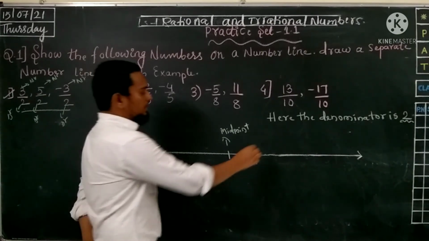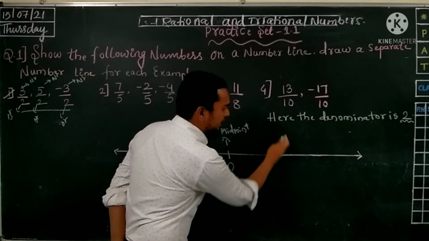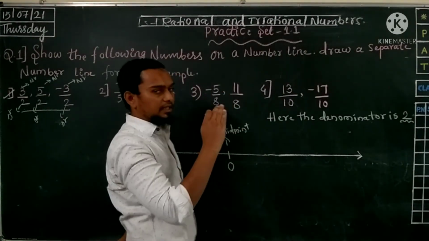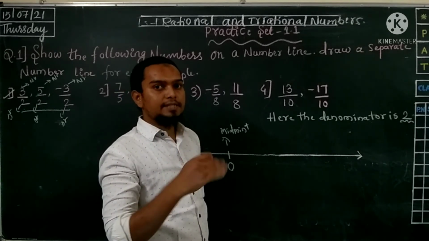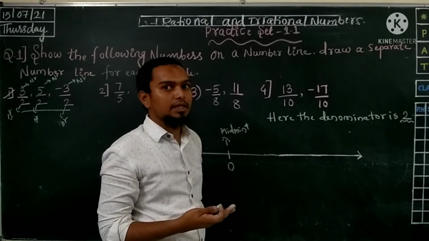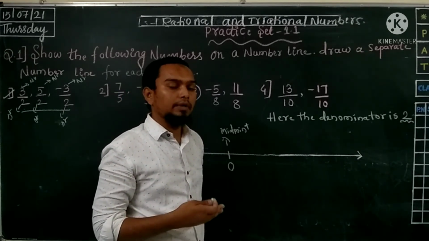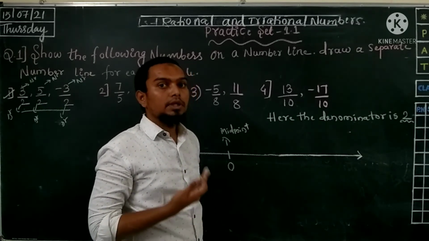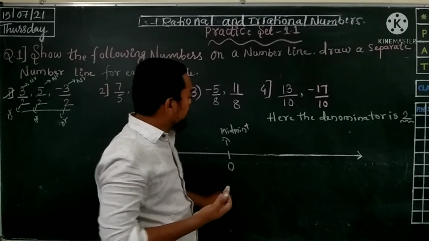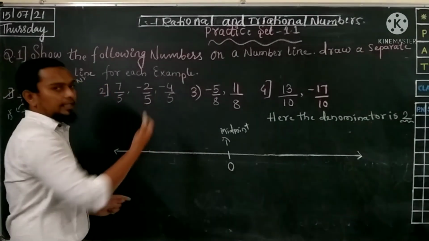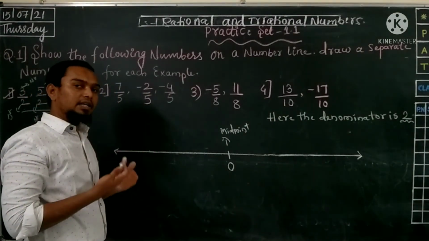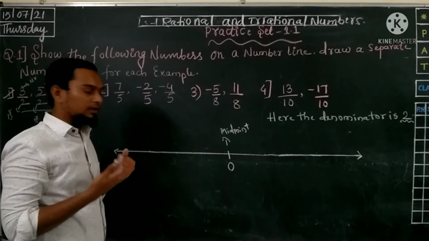Now this is the right hand side. The right hand side is always a positive number. Next, the left hand side is always a negative value.